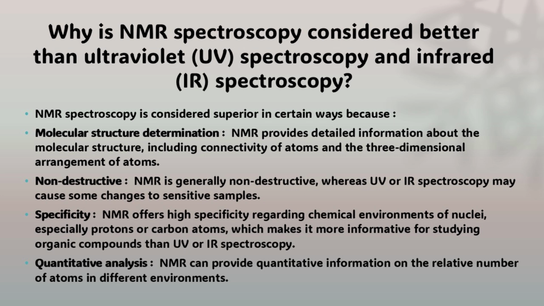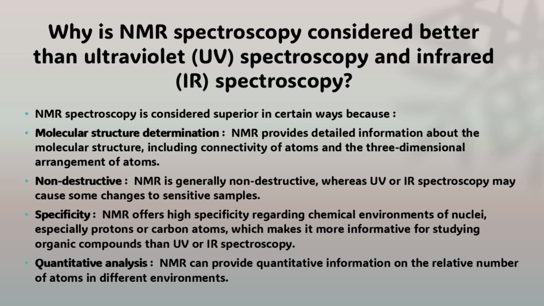NMR spectroscopy offers high specificity regarding chemical environments of nuclei, especially protons or carbon atoms. As a result of this, NMR spectroscopy becomes more informative for studying organic compounds than ultraviolet or infrared spectroscopy.